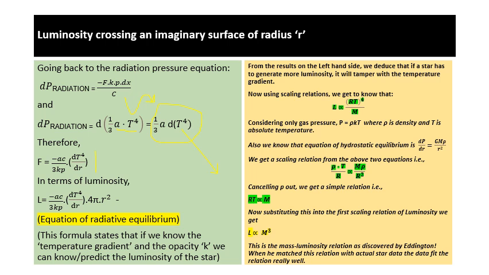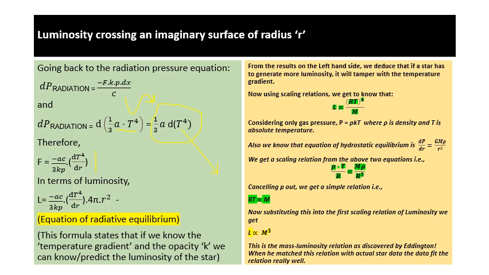F, the flux, is equal to minus a times c upon 3 kappa rho into the differential of temperature raised to the power 4 divided by the differential of the radius, or the distance from the center of the star.